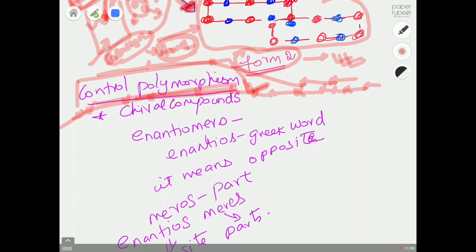And then crystal growth becomes handy when we deal with chiral compounds or chiral molecules. I hope you all know enantiomers. It comes from the Greek word enantios, meaning opposite, and meros, meaning parts.